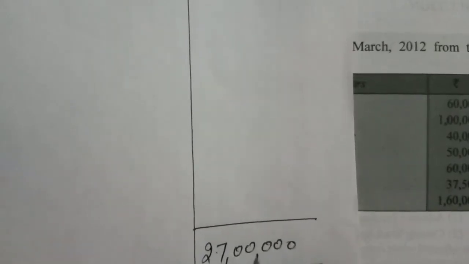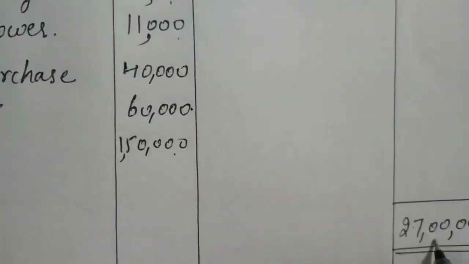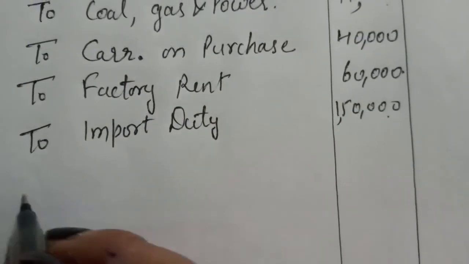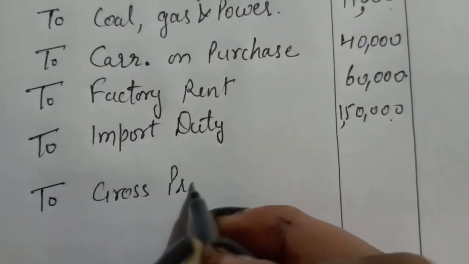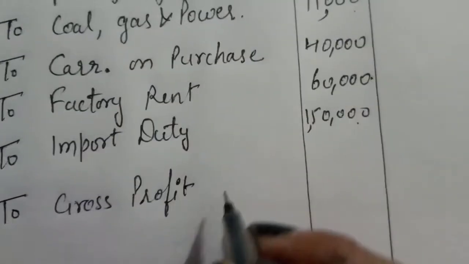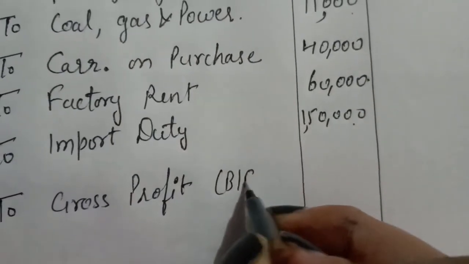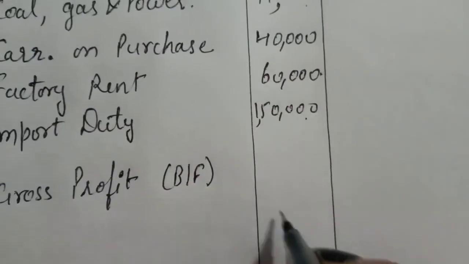And the total of this you have to deduct from 27 lakh. Then you will get "To gross profit", the balancing figure. BF means balancing figure.